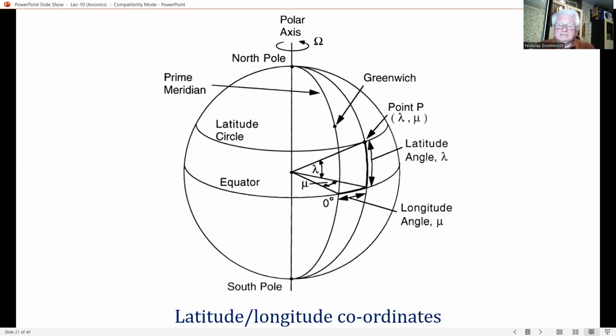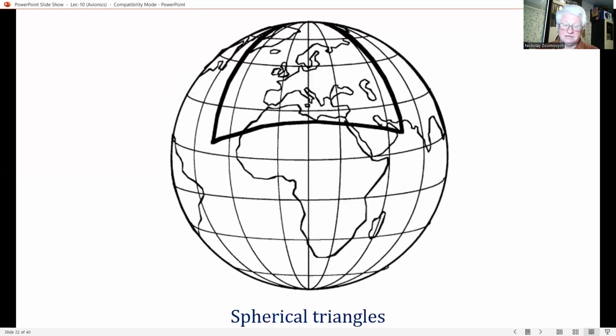Great circles are circles on the surface of a sphere with their center at the center of the sphere. That is, the plane of a great circle passes through the Earth's center. Meridians and the equator are thus great circles. Parallels of latitude, which are circles around the Earth parallel to the equator, are, however, small circles.